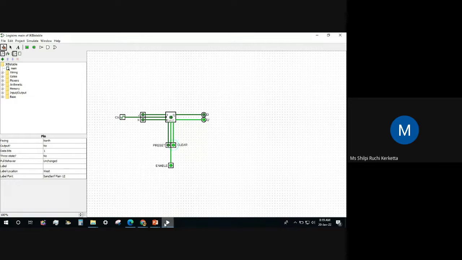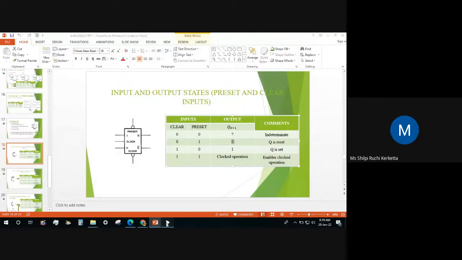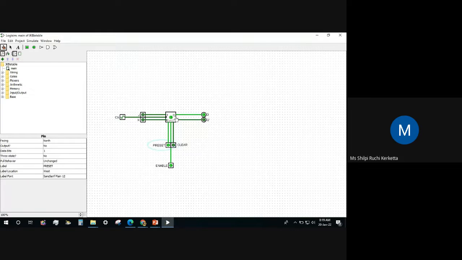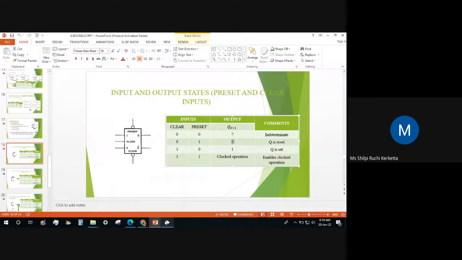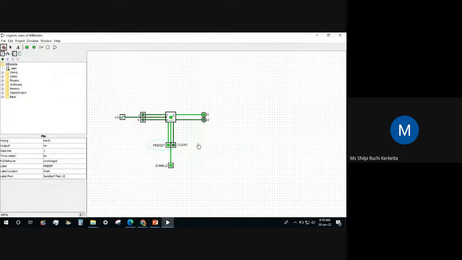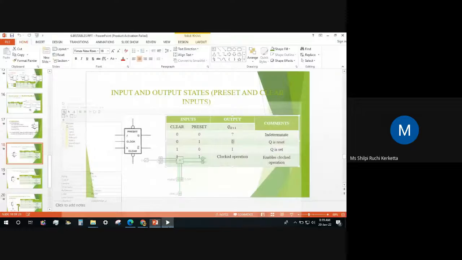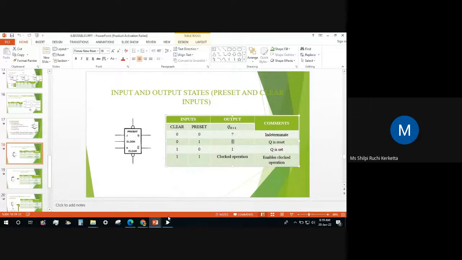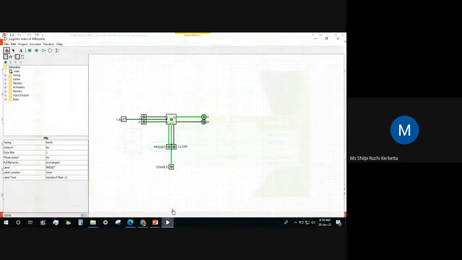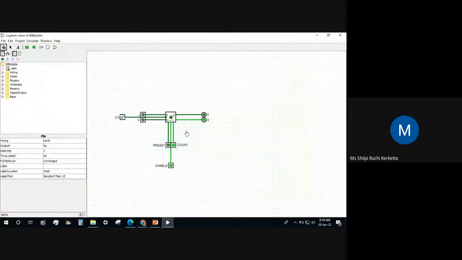This is because this is negative edge triggering, and that is our positive edge triggering, so we are getting it opposite. So Q, we are getting as 1. For 1 0, we will get a 1, but opposite.